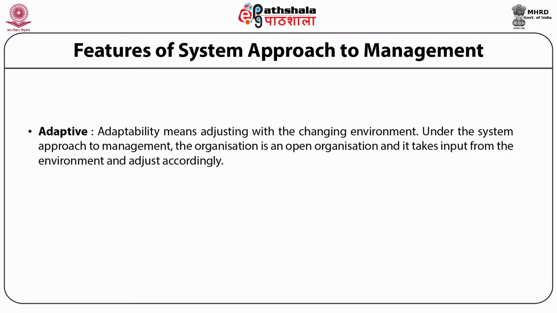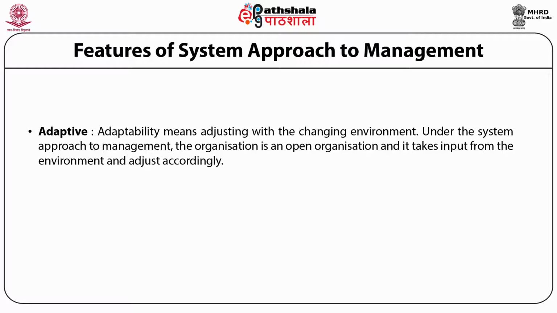In today's competitive world, if an organization fails to be adaptive, it cannot survive. So to be there in the competitive world, it has to adjust with the environmental forces.